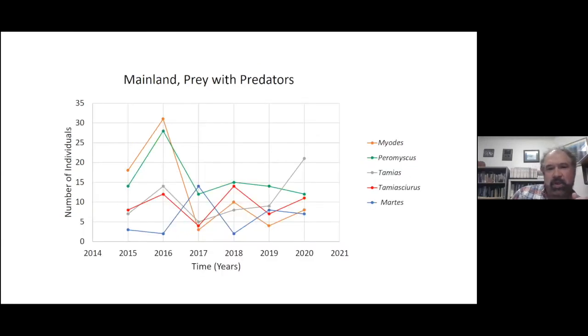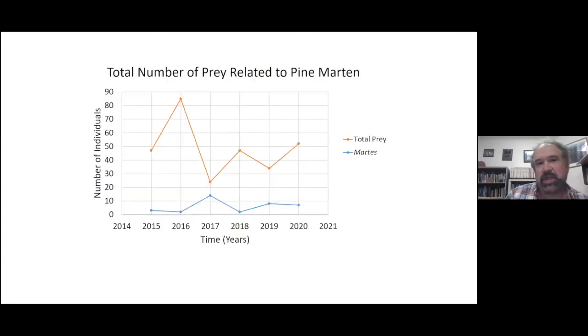So another way to help clean these graphs up, as opposed to having to look at five separate lines, which can be scattered and hard for the human eye to see the patterns or trends, is to take the total number of prey. This represents the four common species here in the orange, and relate that then to the pine marten numbers. And again, you can see here when they peaked, the marten went up, suggesting that the number of prey might be playing a role in driving pine marten abundance.